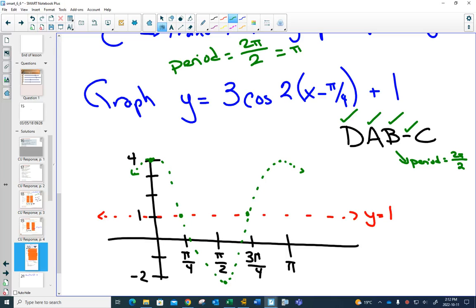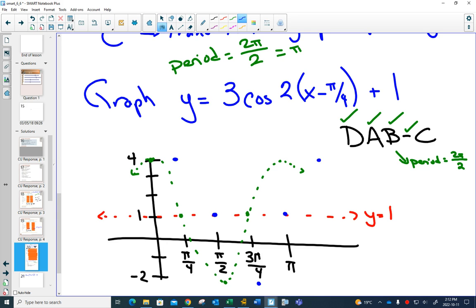Then finally, you need to do your shift. In this case, we're shifting pi over 4 to the right. So I will take my first maximum point and shift it pi over 4 to the right. My next point, shift it pi over 4 to the right, pi over 4 to the right, pi over 4 to the right.